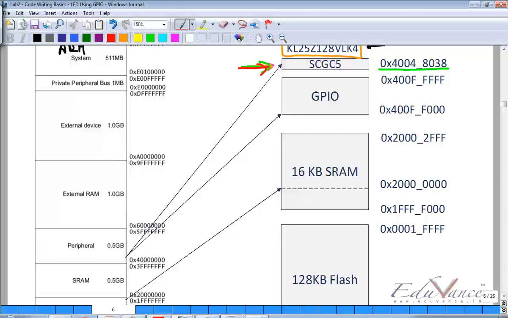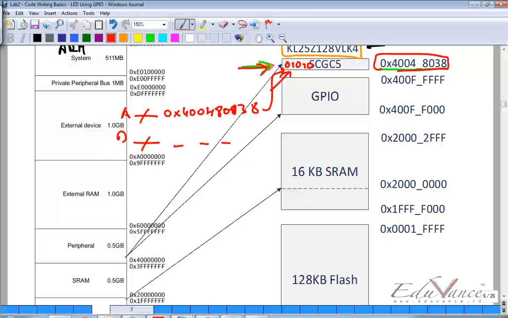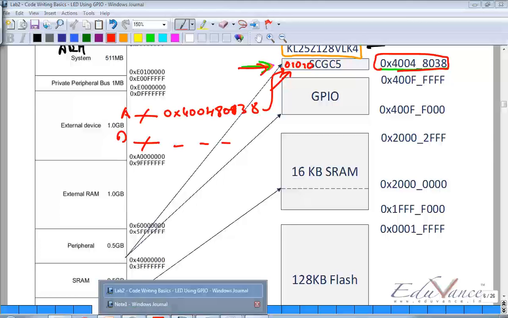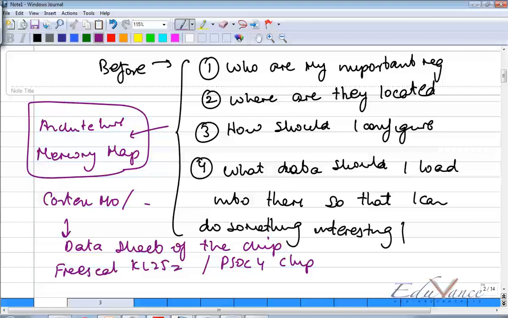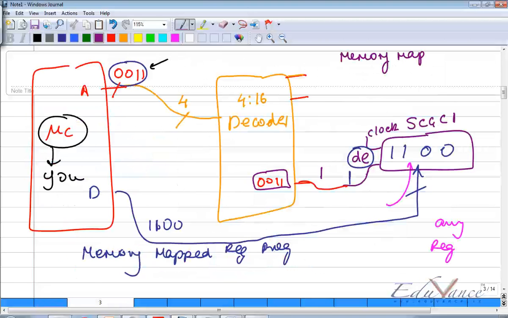My microcontroller will look for this address, and whatever values you need to write inside the SCGC, my microcontroller will say at address 4004 8038, please write value so and so, and that automatically gets written into the register using the concept that we understood here, that you have a decoder and then you have a data enable for the register, and that's how it goes.